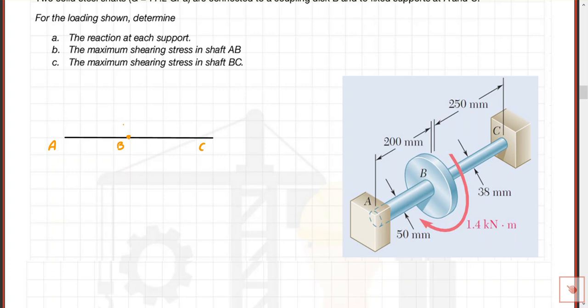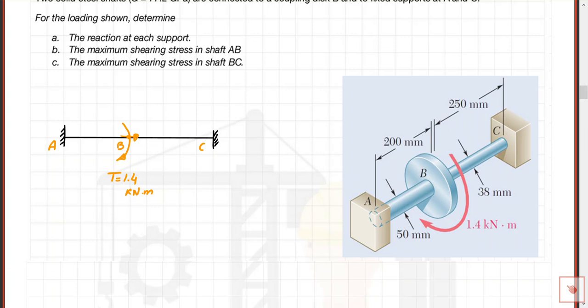There is a torque at this point in this direction. I will draw it as an arrow. This torque equals 1.4 kN·m. This end is fixed and this end is fixed.